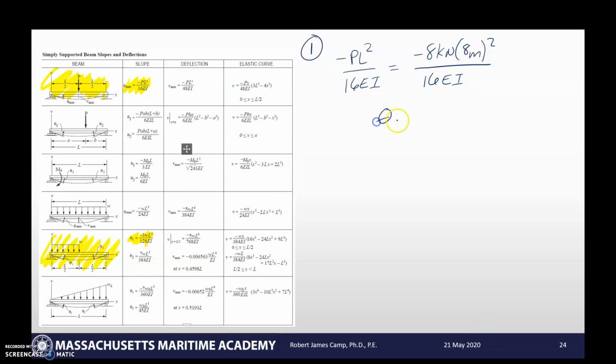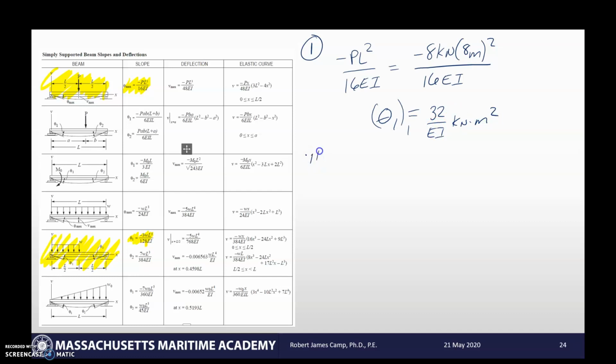We'll call that theta 1. So theta 1 for condition 1, if we multiply that together, that's going to be 8 times 8 divided by 16, so 32 over EI kilonewtons meters squared.